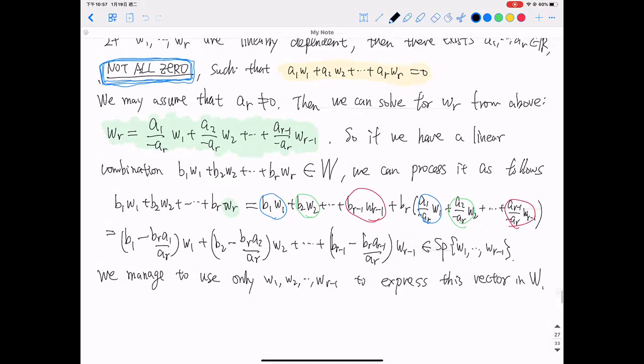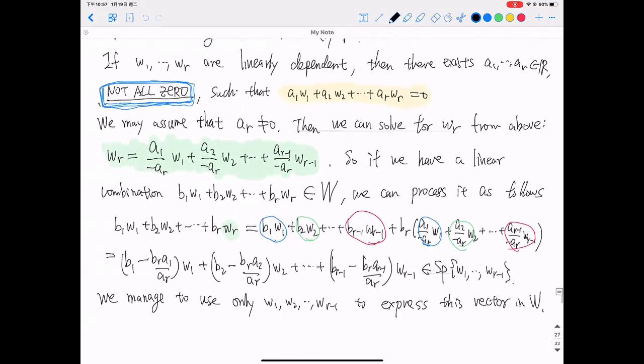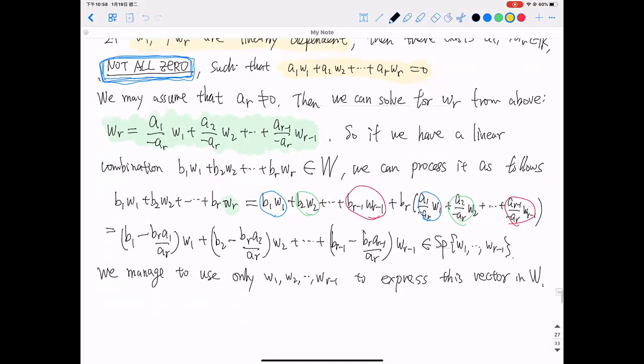This all happens because the vectors W1 to WR are linearly dependent. So if we are to express vectors in W efficiently as linear combinations, we should probably require that the vectors in our spanning set are not linearly dependent.